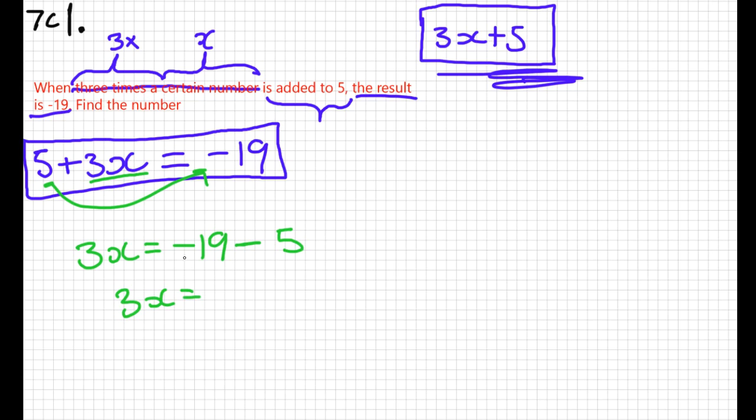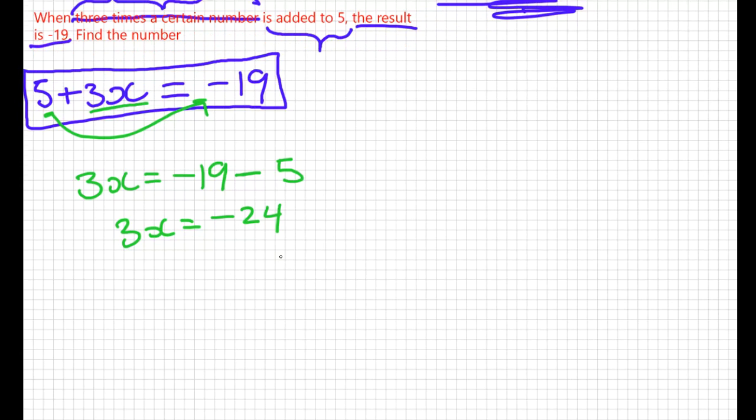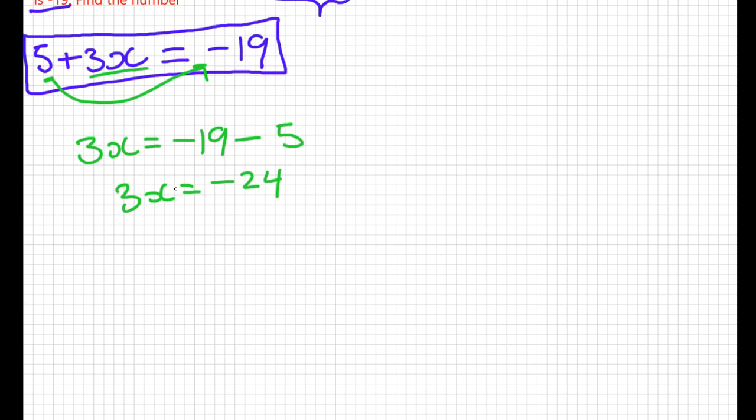We'll work this bit out. Minus 19 minus 5 is minus 24. So now we're up to moving this 3 over to the other side of the equation. So if I move this 3 over, then all we have left is x equals, I've got minus 24.